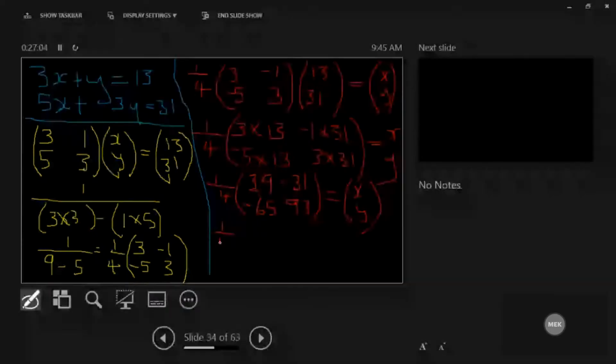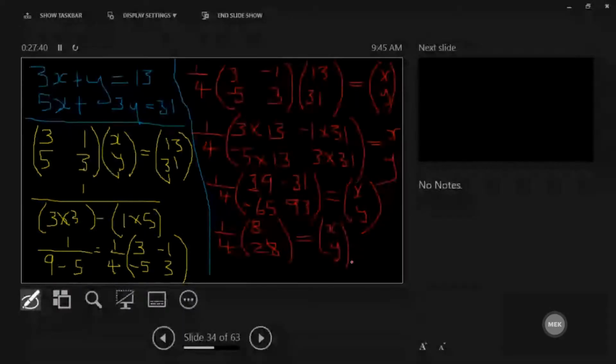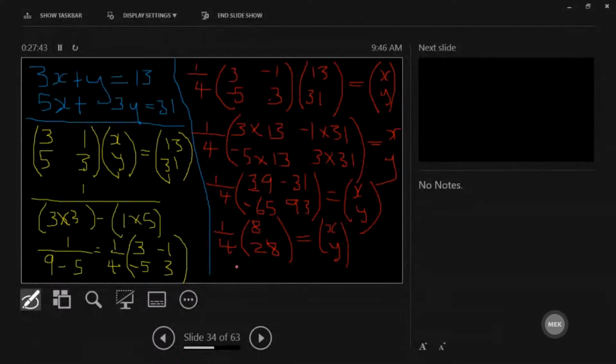So we have 39 minus 31, that's 8. And negative 65 plus 93, that's 28. So the top value will give us our x and the bottom is y.